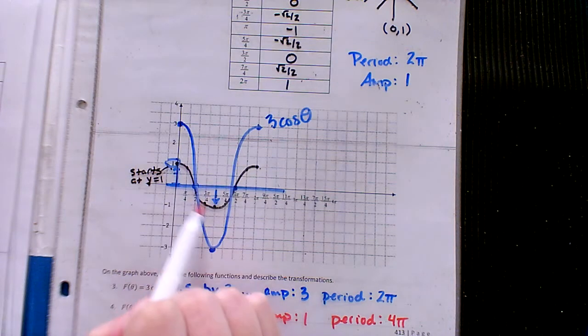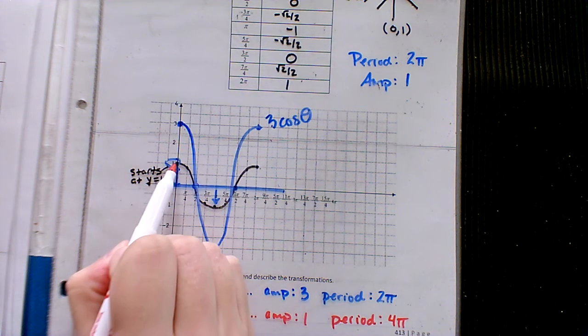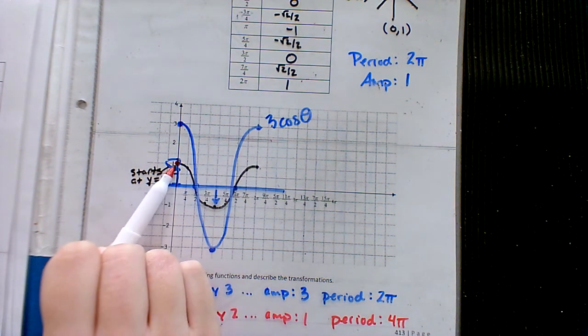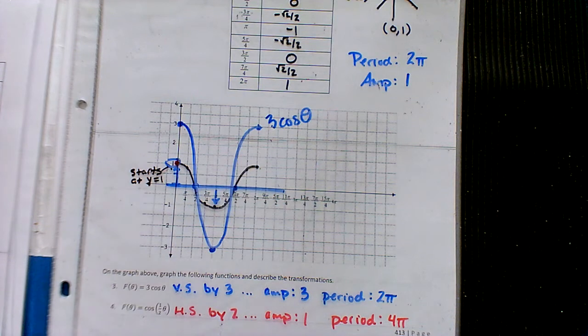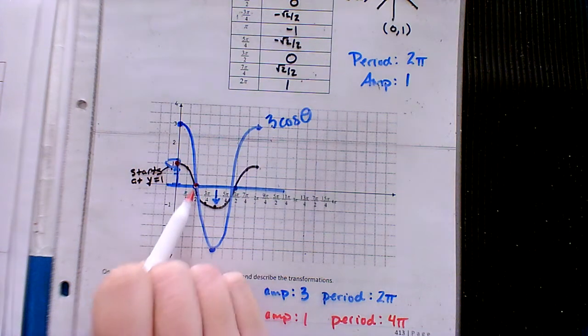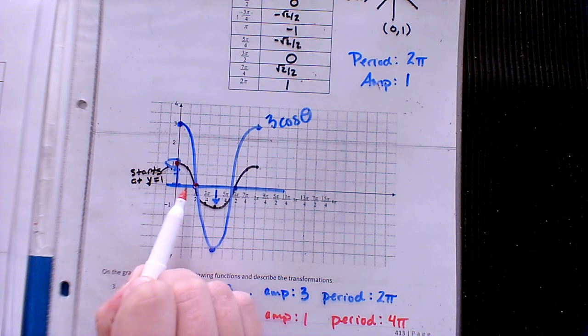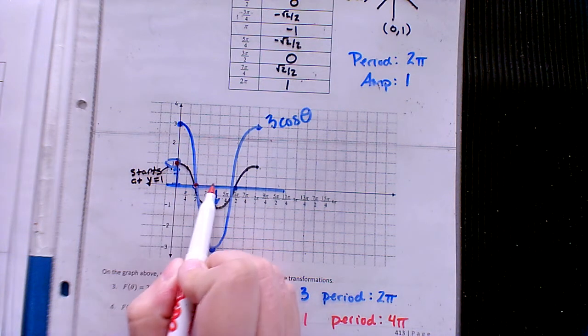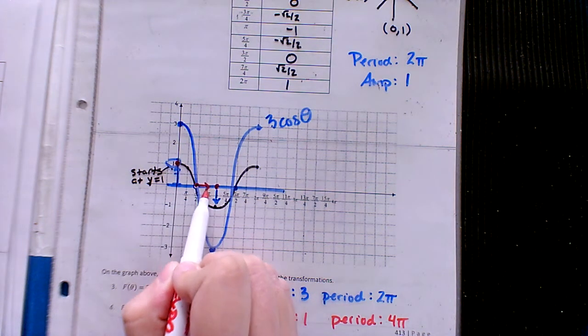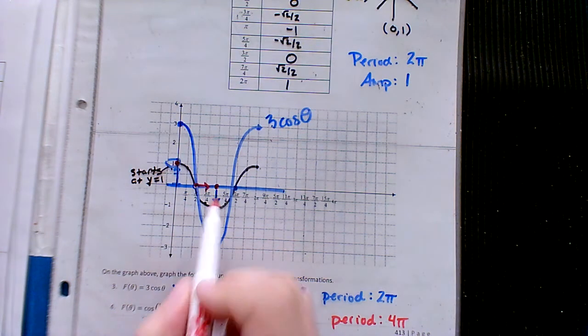So we're going to take the points on the black graph and double all of their distances. So let's pick some points. This first starting point has an x value of 0. So if we multiply that by 2, that's really not going to change. The next easy point is probably the x-intercept at pi over 2. Notice how that's 2 units away from the y-axis. So if we double it, it should be 4 units away. So it's going to move 2 units to the right.